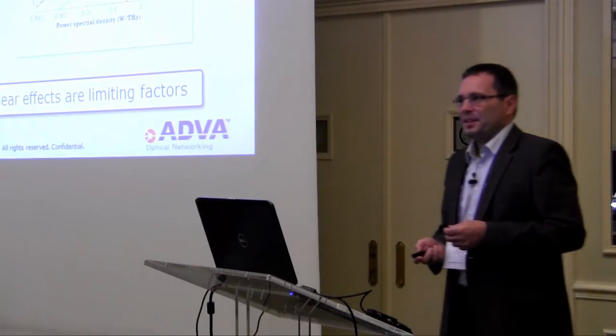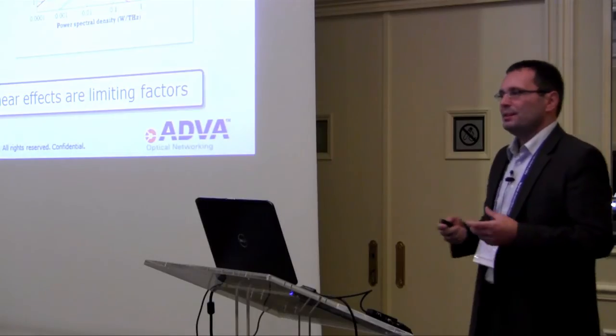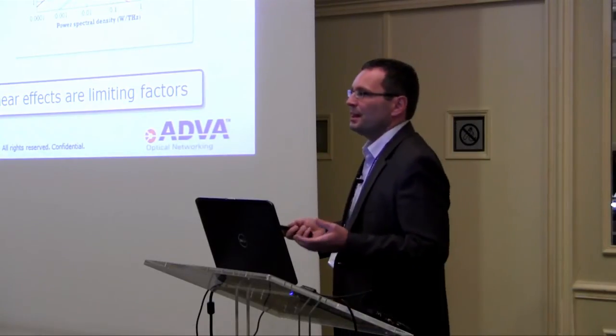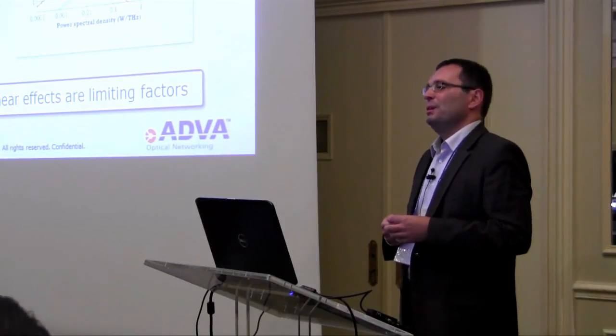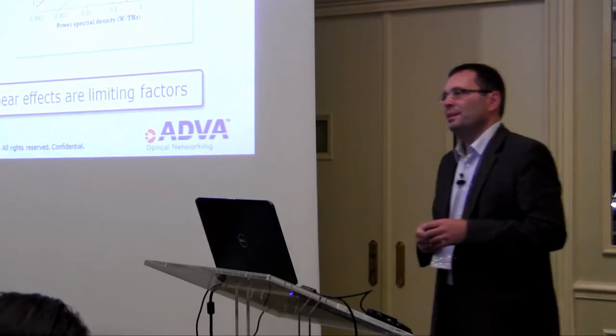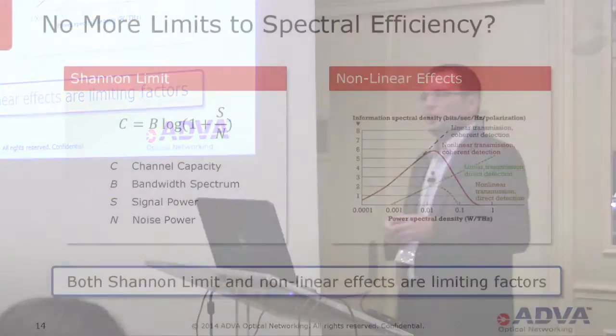Good. Does this mean we can do a lot of fancy things and there's no limit if we use all the parameters a light wave has? No, definitely not. There are 2 very hard limits we cannot exceed. The first one is called the Shannon limit.